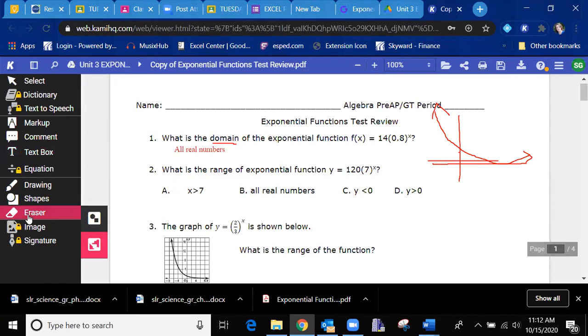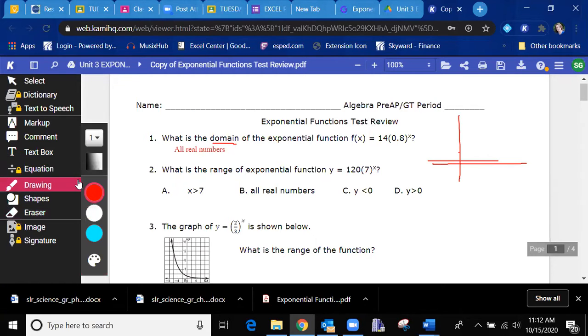No. I don't want to get this too messy, so I'm going to redraw this one. This is for number 2. So this one is going to go something like this. Now, because there's nothing out here that says plus or minus, the asymptote is still at the x-axis. It's still right here. So let's think about what's the range.